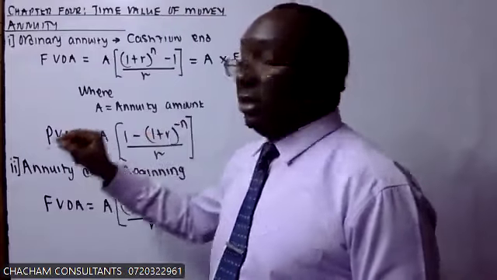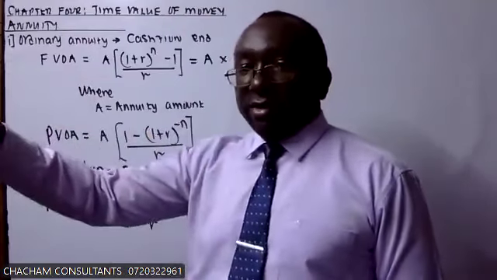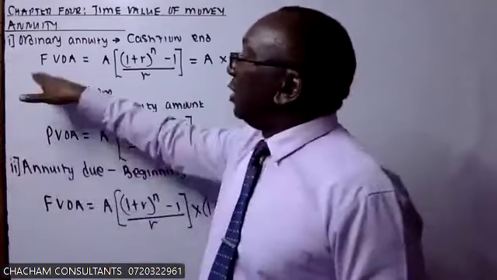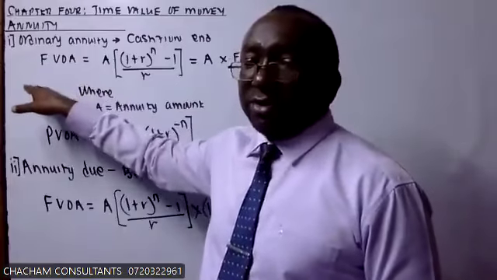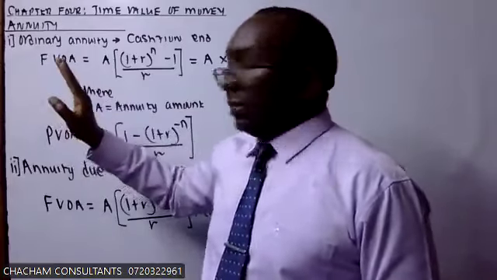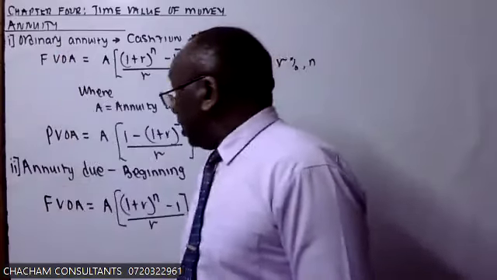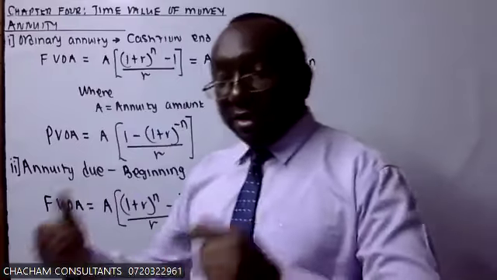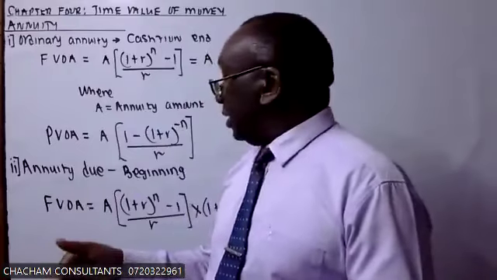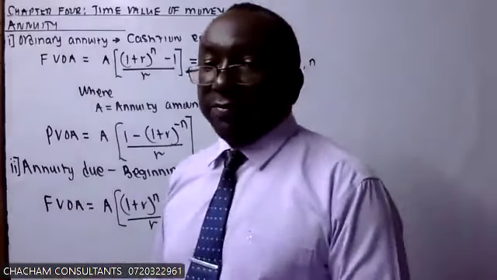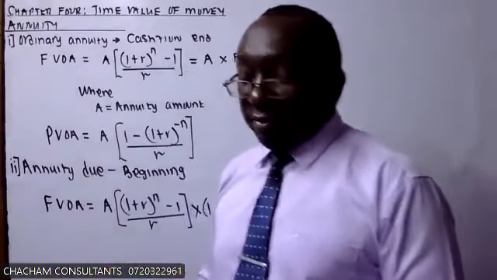So if the amount is received at the end of the period, that's called ordinary. Na hii ndio tutakuwa tunaona sana. That's actually why it's called ordinary. This one is very rare, very, very rare. It is the one that is received in advance, or at the beginning of the period.